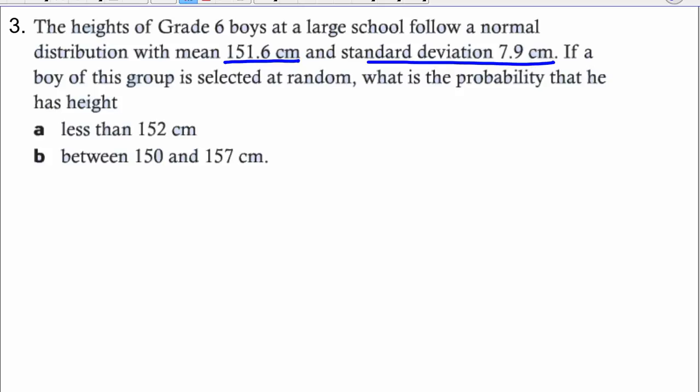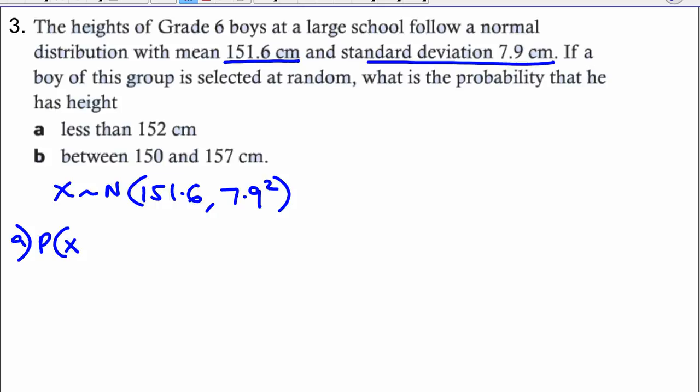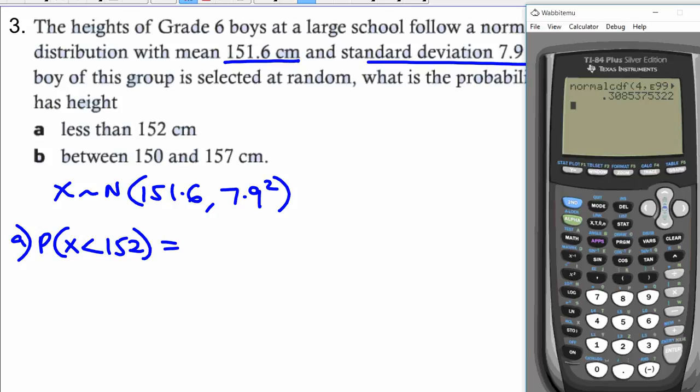So X follows a normal distribution with the parameters 151.6 and 7.9 squared. So the probability that X is less than 152 will be equal to, we just need to plug that in our calculator, same way.